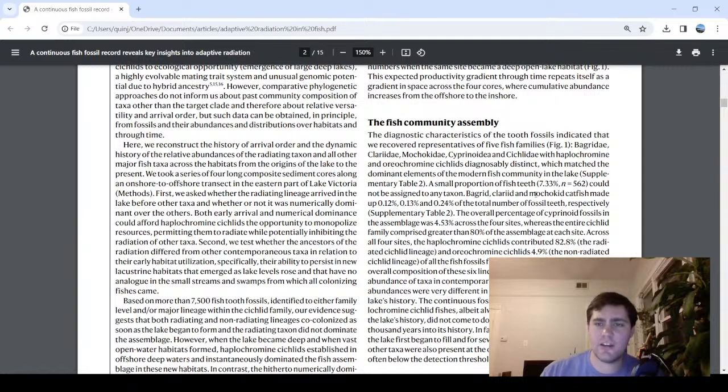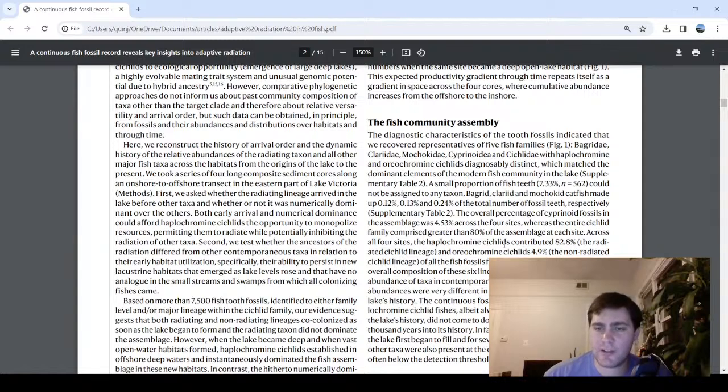Bagrid, clarid, and mochokid catfish made up 0.12, 0.13, and 0.24% of the total number of fossil fish teeth, respectively. The overall percentage of the cyprinoid fossils in the assemblage was 4.53% across all 4 sites, whereas the entire cichlid family comprised greater than 80% of the assemblage across all 4 sites.